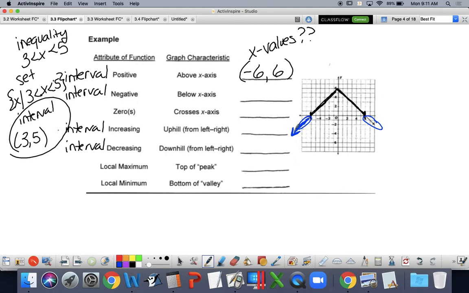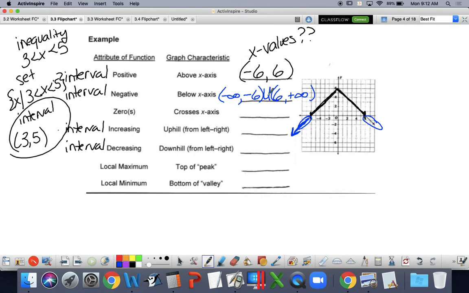What is my start number? Negative infinity. That's right. All the way up to negative 6. And then I go from 6 to positive infinity. And when I want to connect two intervals together, I put a U in between.